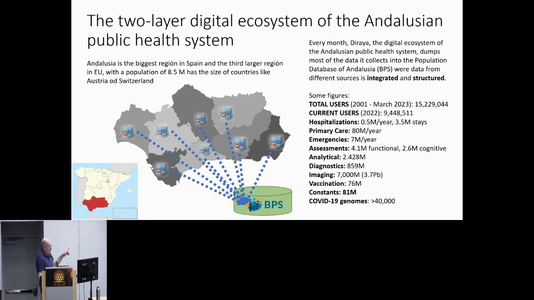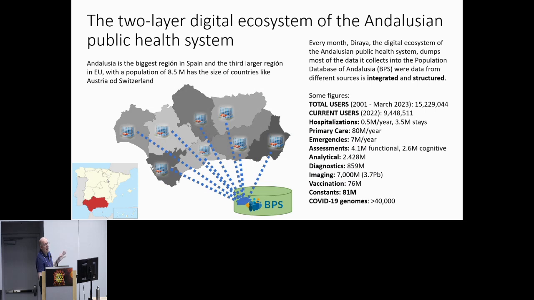But look at the figures. We have 500,000 hospitalizations per year, 80 million uses of primary care, 7 million emergencies, 2,400 million analytics, right? 859 million diagnoses, 7,000 million images, different types of images, a lot, right?